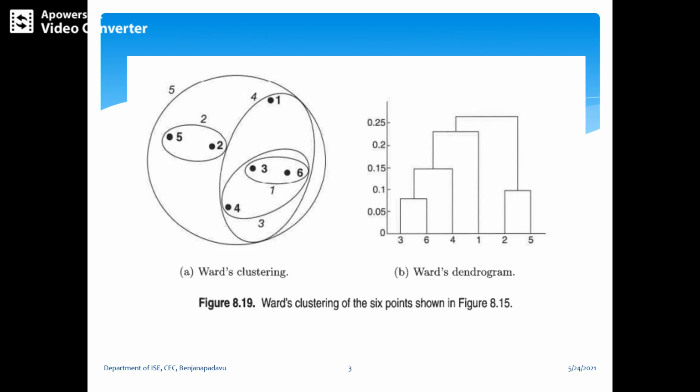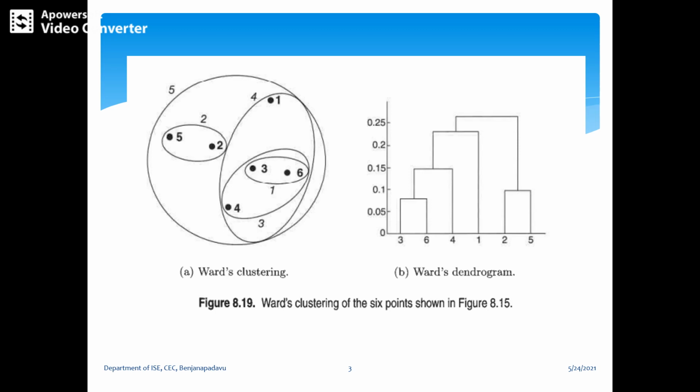Ward's clustering of the 6 points I have shown: points 3 and 6 are merged together along with 4, and then that is connected to 1. Then 5 and 2 are merged, and then the fourth will be connected to the last at the end.